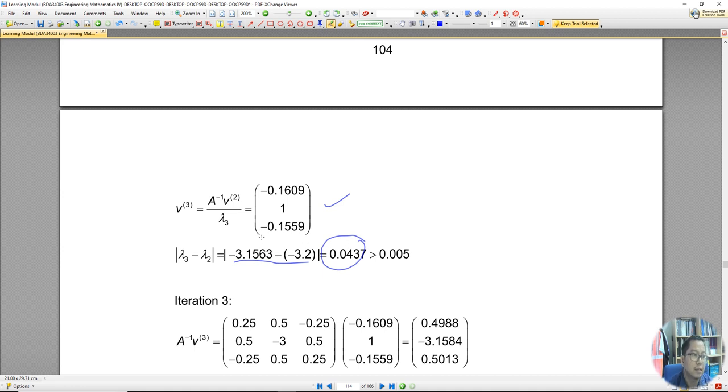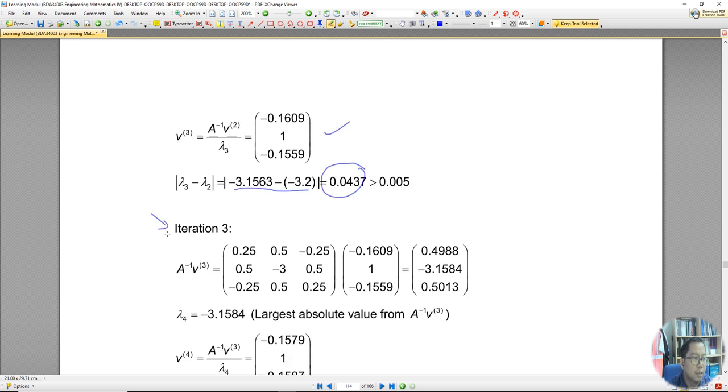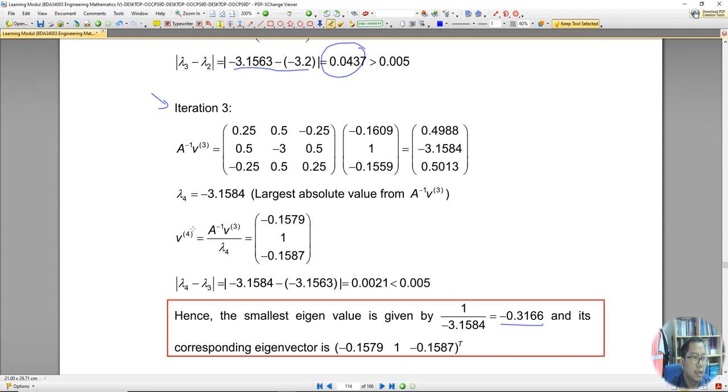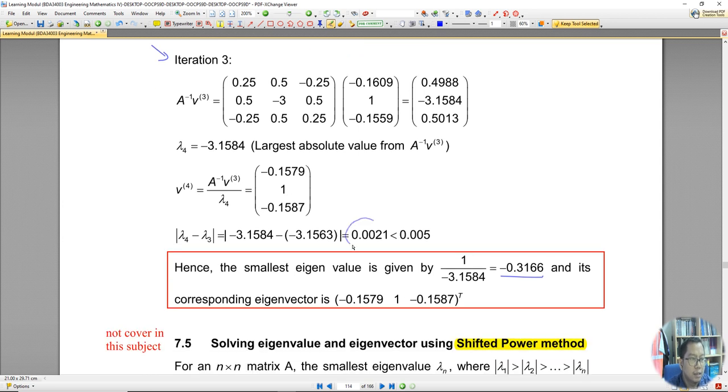In this iteration the error is slightly bigger than 0.005, so you have to proceed to the next iteration until the error is less than 0.005. Until then you cannot stop the iteration.